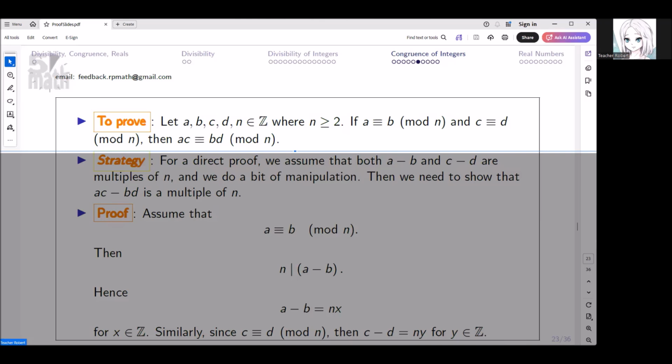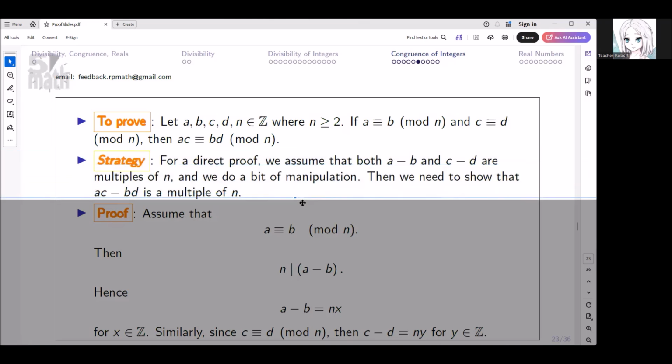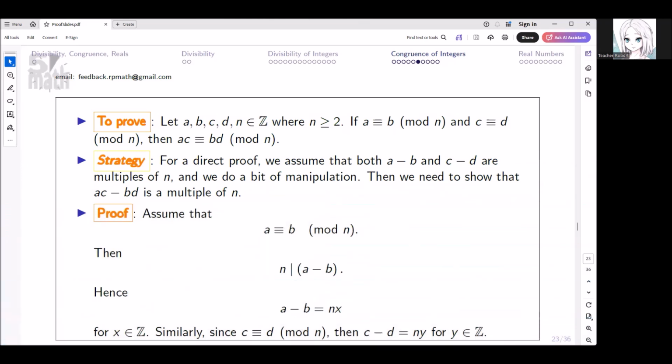Proof. Let a, b, c, d, n be elements of the integers where n is greater than or equal to 2. If a is congruent to b mod n and c is congruent to d mod n, then ac is congruent to bd mod n. Strategy. For a direct proof, we assume that both a minus b and c minus d are multiples of n, and we do a bit of manipulation. Then we need to show that ac minus bd is a multiple of n. Proof. Assume that a is congruent to b mod n. Then n divides a minus b.